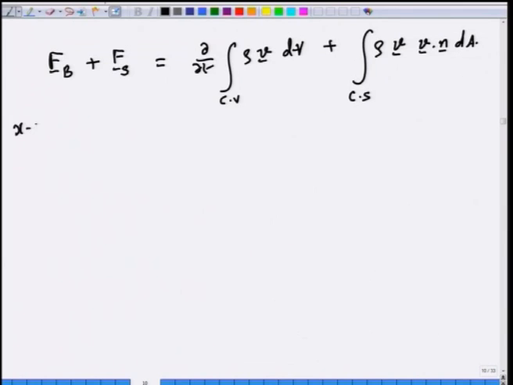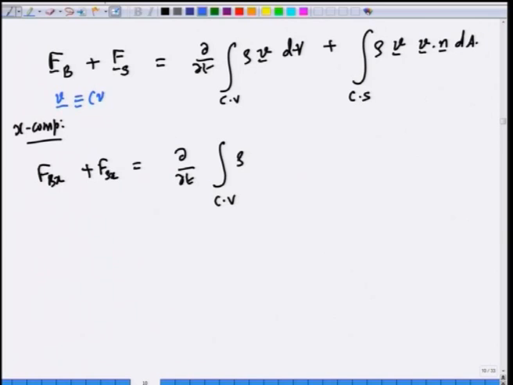So, the x component of this equation is Fbx plus Fsx is d dt. In this term, the only vector is the velocity vector v. To take the x component, use the fact that velocity vector v has x component u, y component v, z component w.